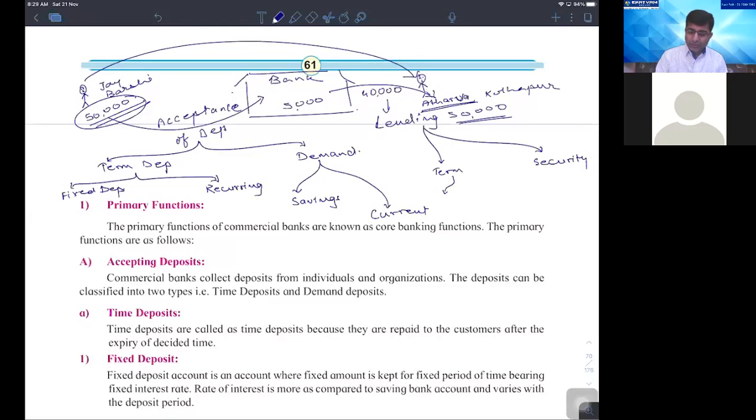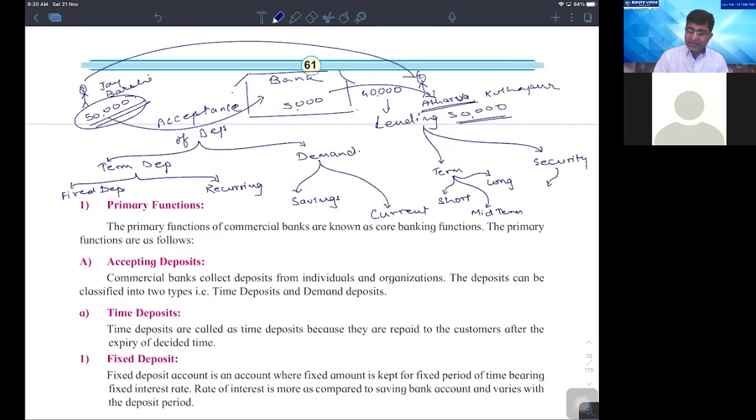So within term loans, you have short-term loans like bank overdraft, etc. You have mid-term loans like cash credit, etc. And you have long-term loans, that is the term loan, where you take a loan once and keep repaying it over a period of time.